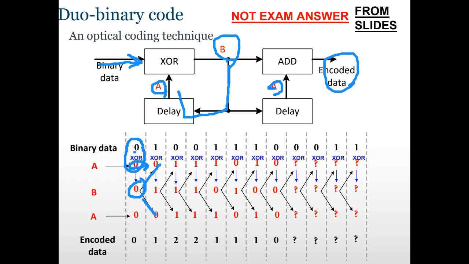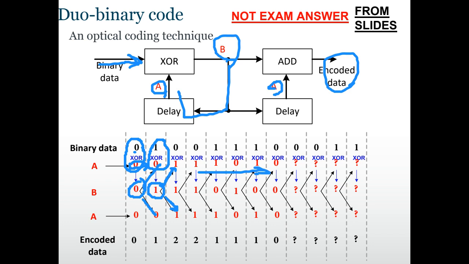And then the next input is 1, and A is 0, then the next B is 1. So the next A is 1 here, and the next A is 1 here. Okay, and then you work out the rest.